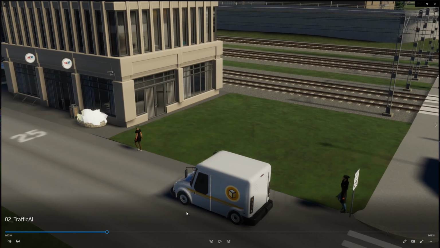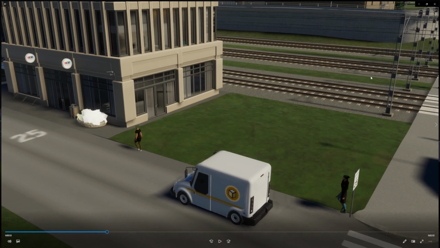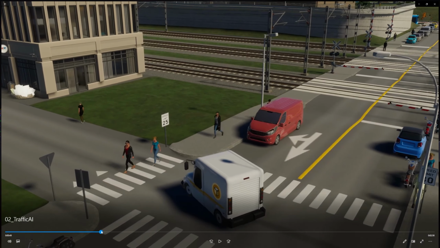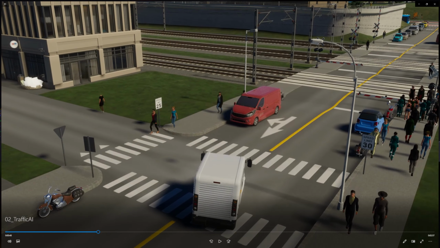So before we go into the main factors that will change how citizens will actually want to go to their destinations, something to look at in here are the train tracks. They look a lot better than Cities Skylines 1. And I also want to show you that you have the road barriers in there for crossing those lines.